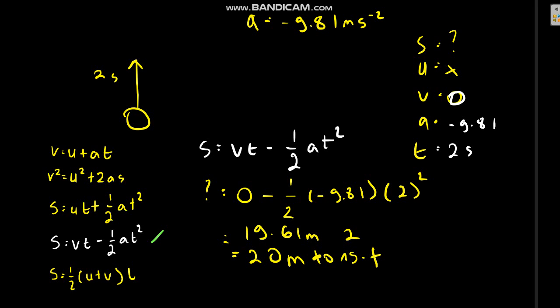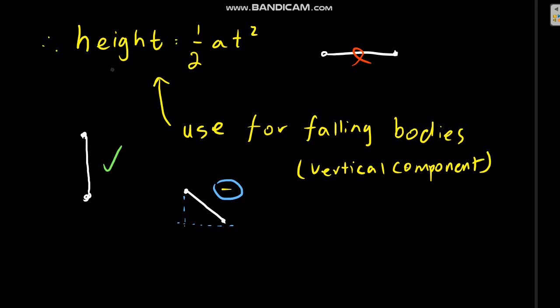So after that calculation, we can conclude that the height of any object is going to be 1 over 2 times acceleration times time squared. But this rule can only be used for falling bodies. Falling bodies is an event only related to the vertical component, not the horizontal component.